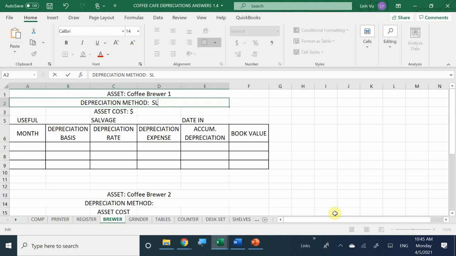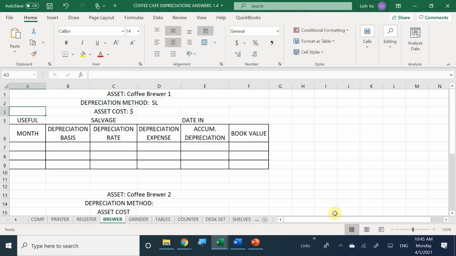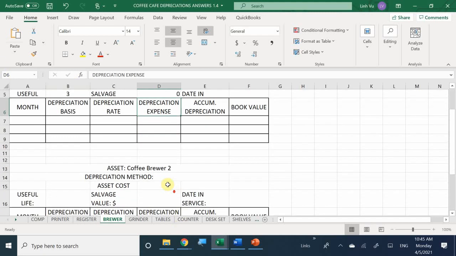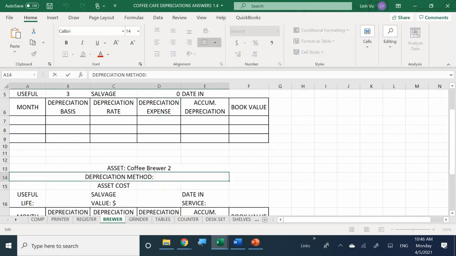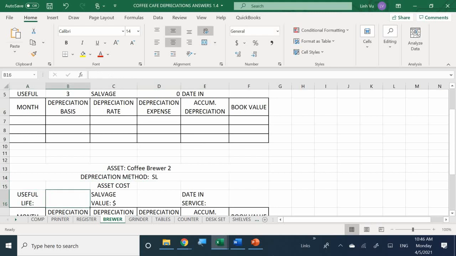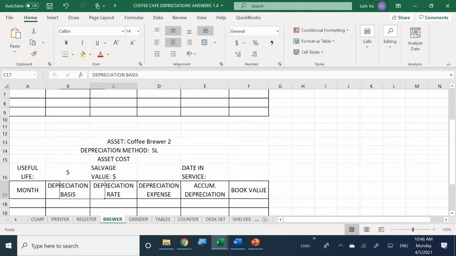My brewer number 1, we were given that it has a useful life of 3 years, and we know that there's no salvage value. And for coffee brewer number 2, we are using straight line, so SL for straight line. Same thing, useful life is 5 years, no salvage value.